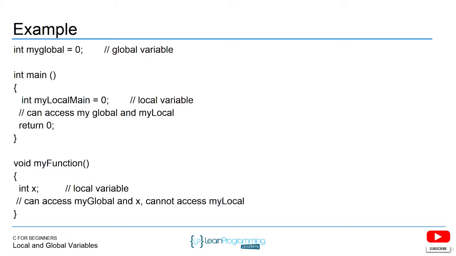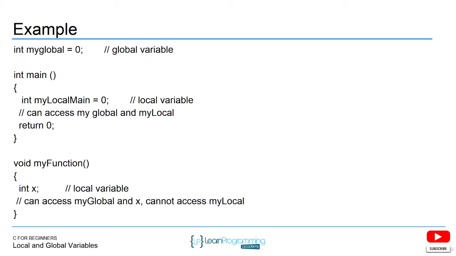And myFunction has a local variable named x because it's declared inside the brackets of the function body. And we can actually access the global variable, which is myGlobal. We can also access x, but we cannot access myLocalMain, I should say, because myLocalMain is only inside the main function. We don't have access to that.